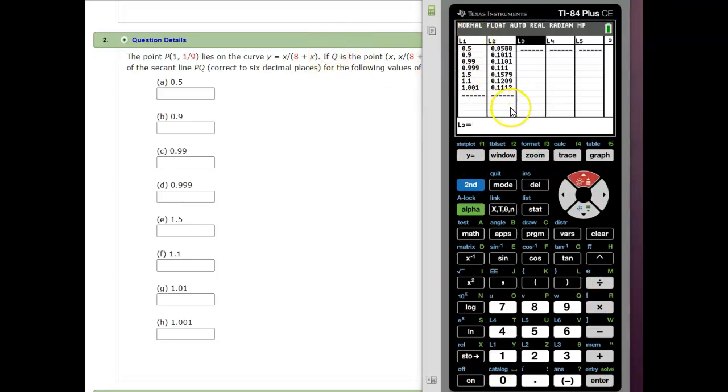So we get these y values in, and now we have the same setup we had for problem number 1. This is more like what you'll see on the test. I'll give you the x values, you're going to have to compute the y values, and then for list 3, you're going to have to do the slopes again. So the slope, remember, is y2 minus y1, and this is my x1, y1 here, 1 and 1/9.